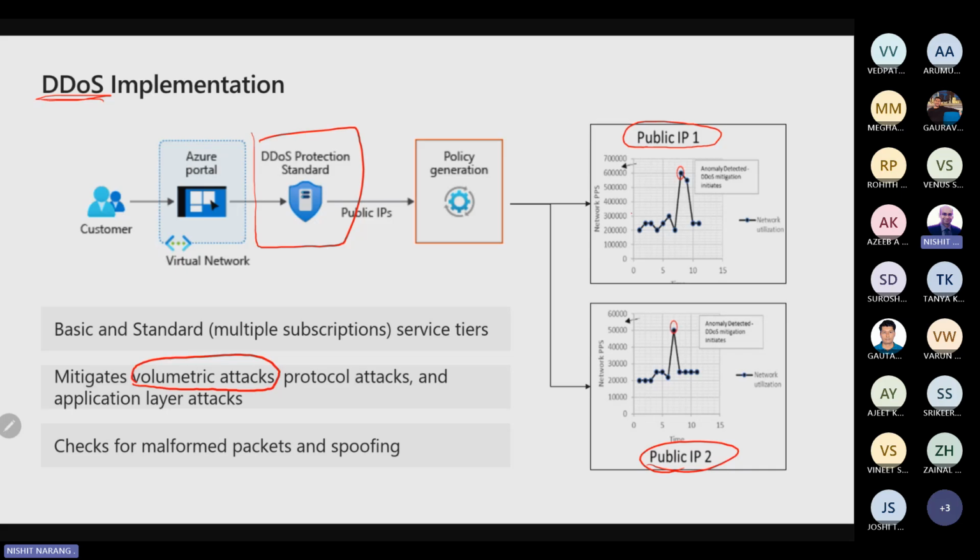So I believe that this is my normal behavior of the network. But anything that goes beyond is an aberration, is an anomaly, and I can treat it as a volumetric attack or a DDoS attack. Just like other IDPS, this is more like behavioral analysis. I can also do anomaly detection, check for protocol attacks, malformed packets.